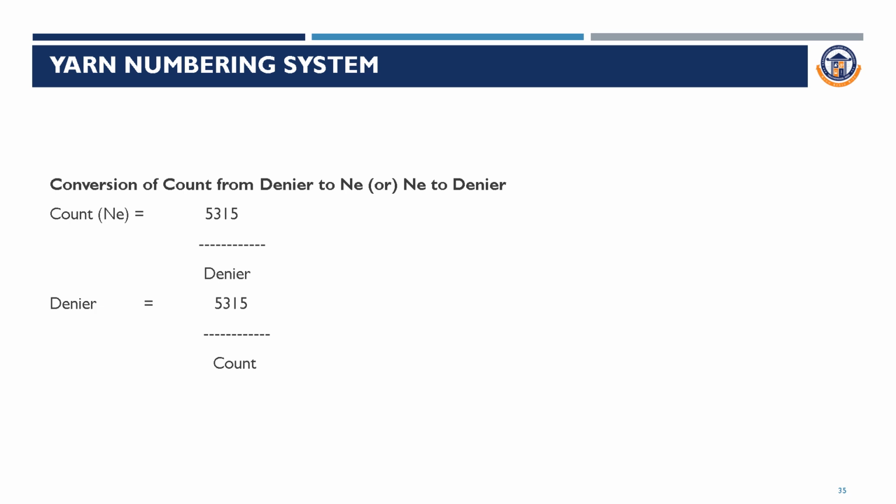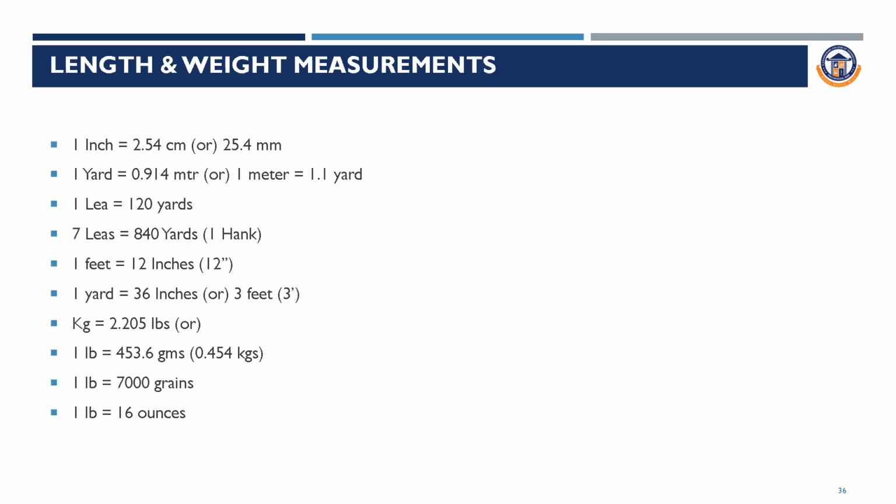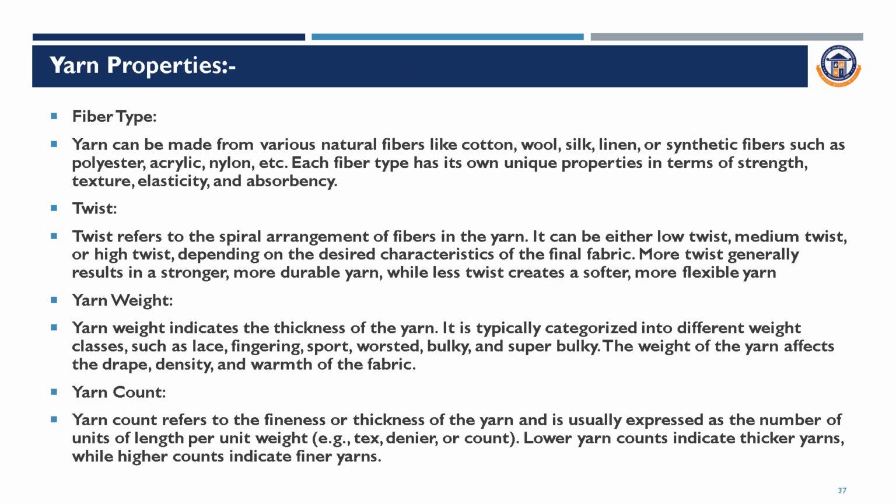For count into denier, 5315 divided by count, and denier to count is 5315 divided by denier. Next, these are the basic requirements for length and weight measurements. Without knowing these basic definitions, we cannot read these topics.